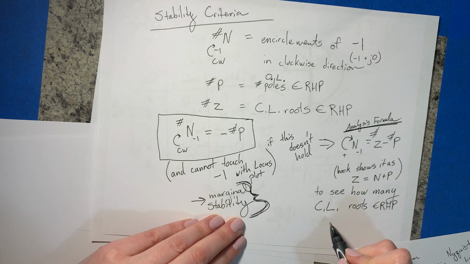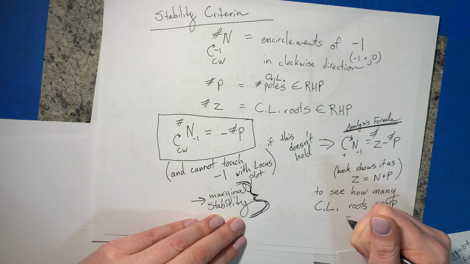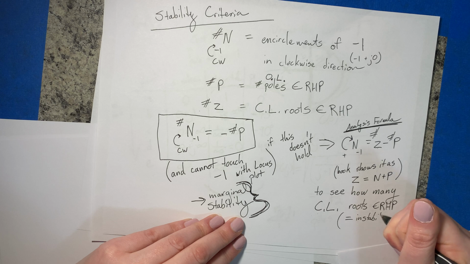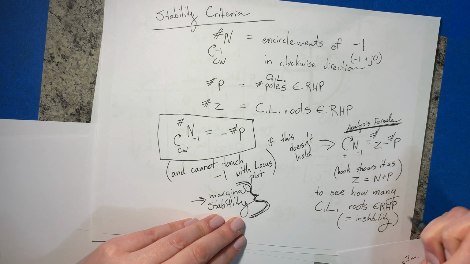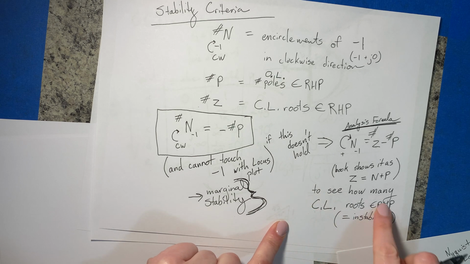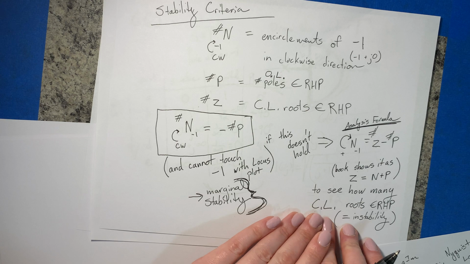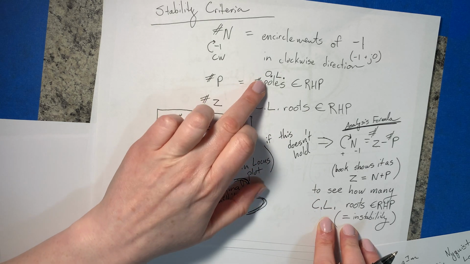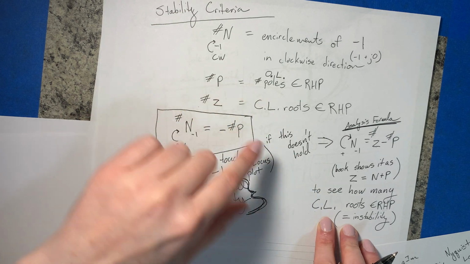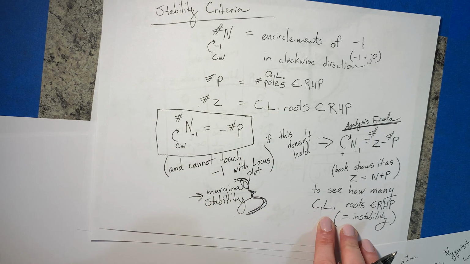As we all know, closed loop roots in the right-hand plane equals instability. Now, we're talking about closed loop roots here. We don't have the closed loop transfer function written out. Be very aware that these are two different things, open loop and closed loop are not the same, but we can extract information about the closed loop from the open loop.